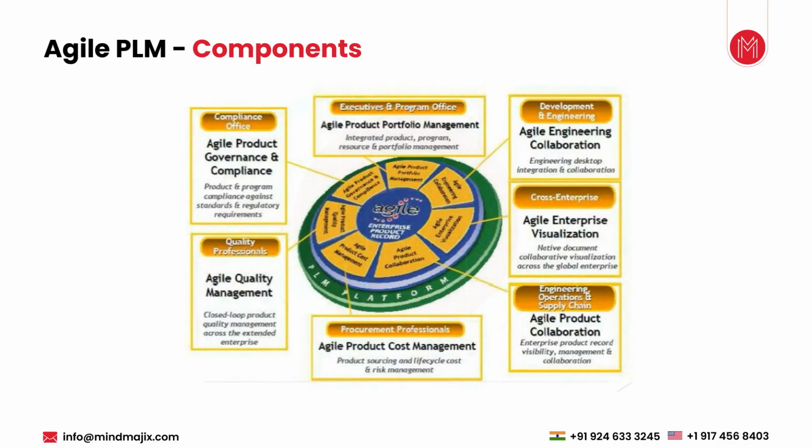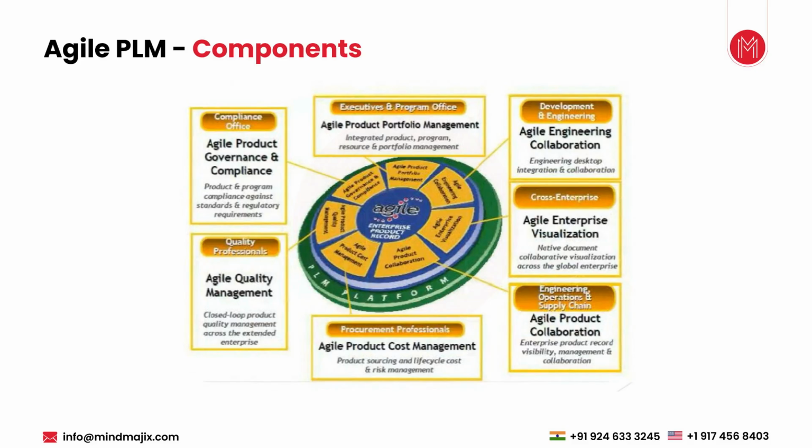For example, quality related information we manage under quality management. Governance information we manage under product governance and compliance. Project or portfolio management information we manage under Agile product portfolio management. Drawing related information we manage under Agile engineering collaboration.